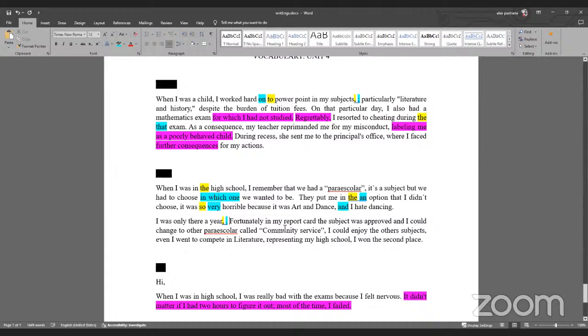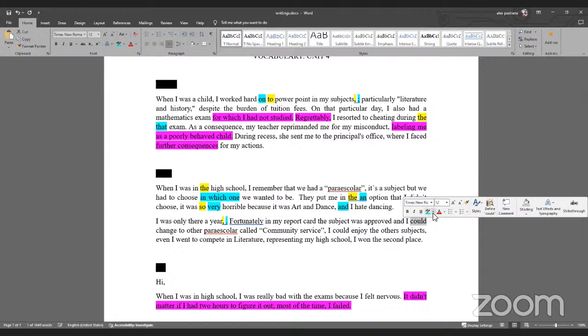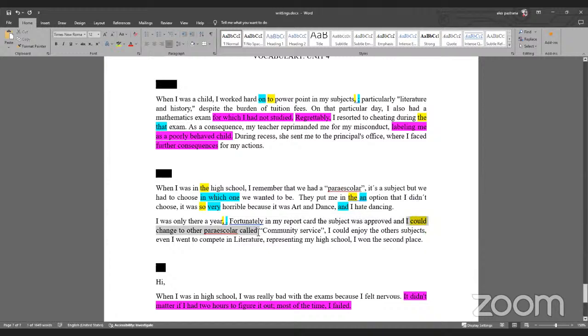So fortunately, in my report card, the subject was approved and I could change to, vamos a cambiar este I could de yo pude. It isn't wrong again, but something that we might hear a bit more commonly in this type of situations, en las que tú tuviste la oportunidad de poder hacer otra cosa que tú querías hacer más que otra.